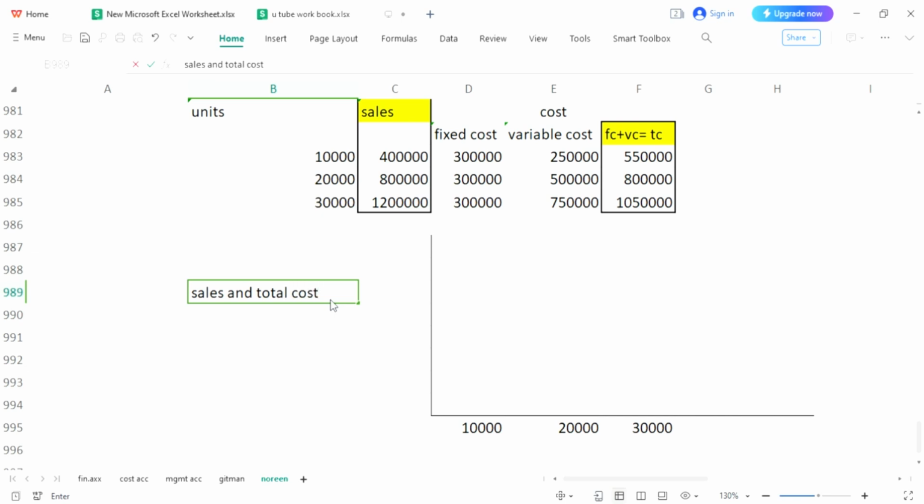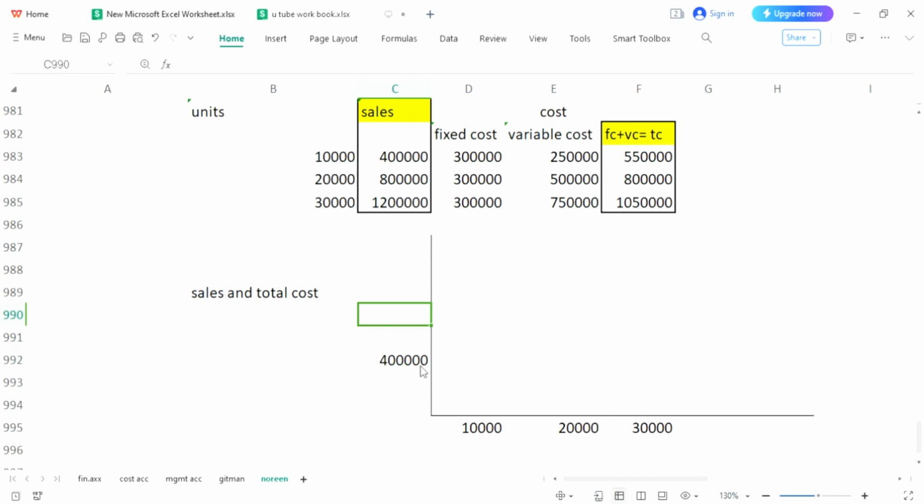These two elements would be on the y-axis. For that you will see what the maximum and minimum amounts are. 4 lakh I can see is the minimum amount, and the maximum amount is 12 lakh. So you can use 4 lakh, the table of 4 lakh, first 4 lakh here, then the next element would be 8 lakh, and the third would be 12 lakh.